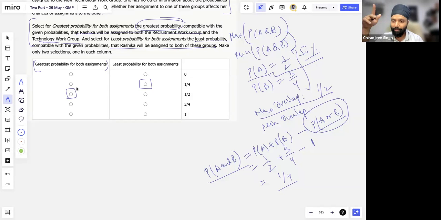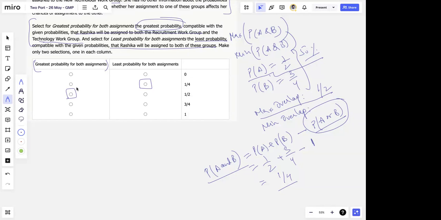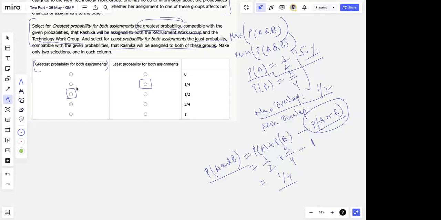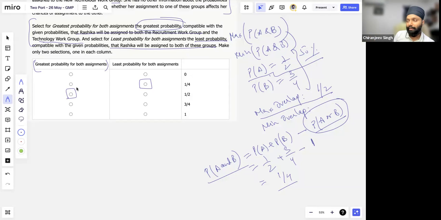And this is also something where Khushbu was getting confused. The possibility definitely exists that she may not be assigned to either of these two groups. But does that make the probability 0 that she'll be assigned to both? For example, is there a possibility that I'll score 605 on the GMAT?